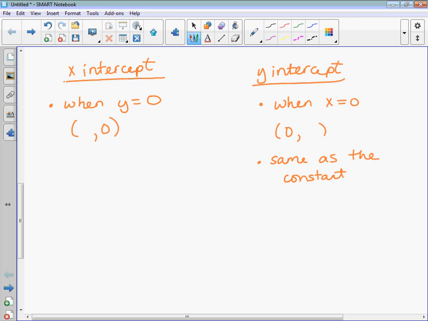So that's much easier to find. You just look, anything with an x, ignore, whatever the constant is, that is your y-intercept. Do you think there could be more than one y-intercept? Right, then it wouldn't be a function. If you have 2 points on the y-axis, something's not going right with your x-values there.